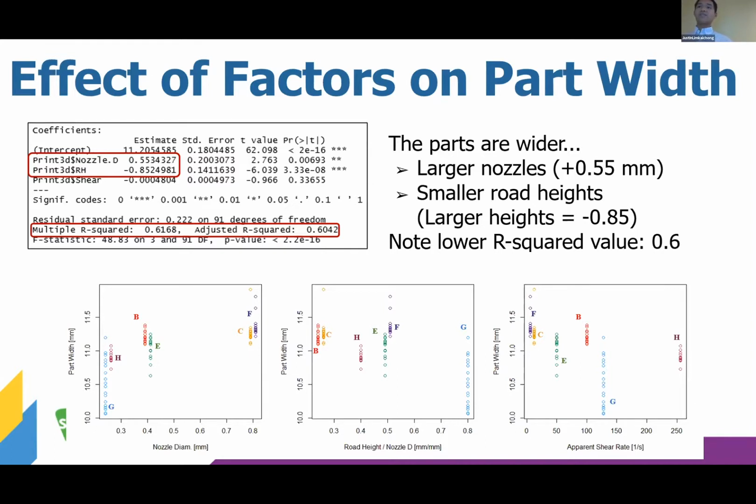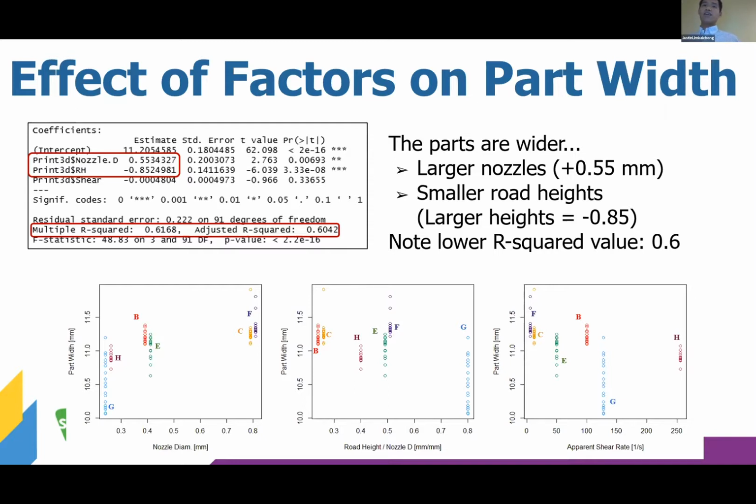So that can be attributed to why we see this increase in our part width. Similarly, once you print at a higher height, you see it would just be drooping around, and you see that beading effect that I presented in the second slide, where we'd have this poor adhesion. So that may account for the reduction in width.